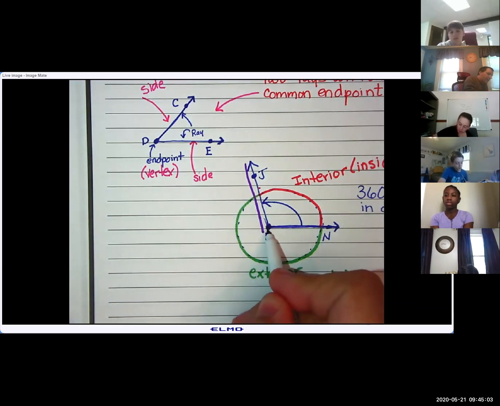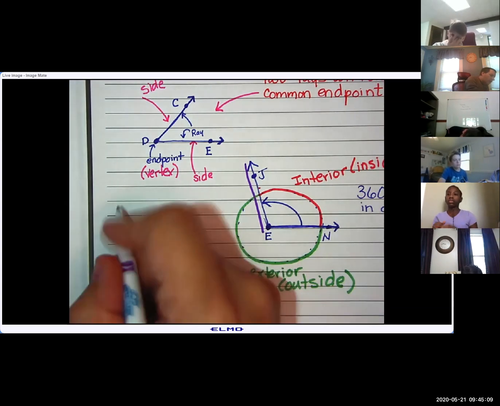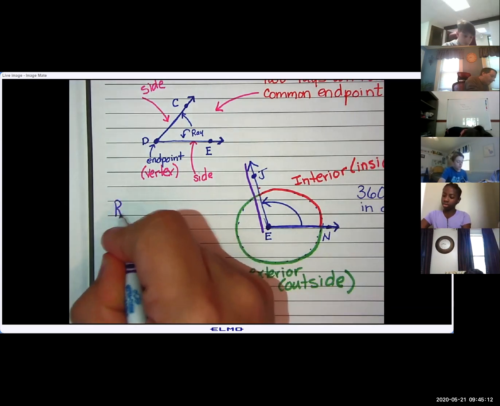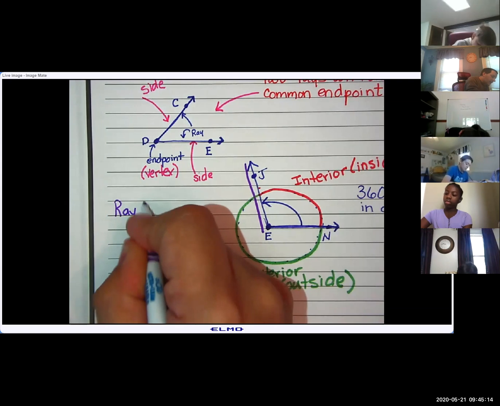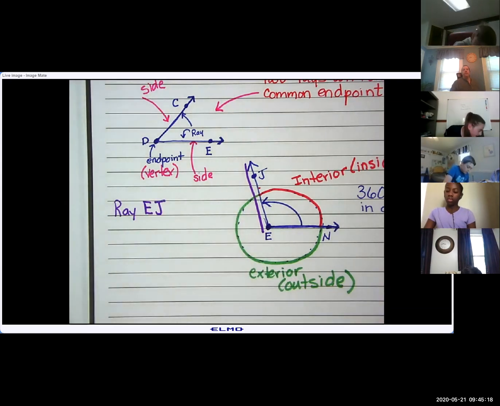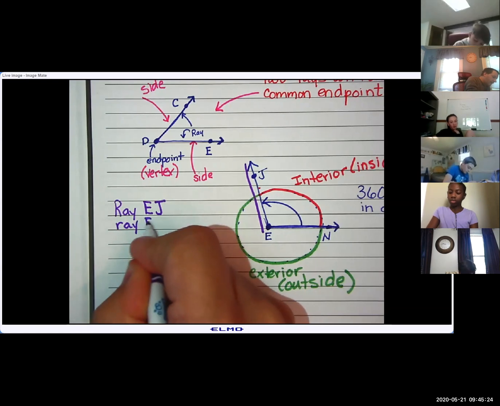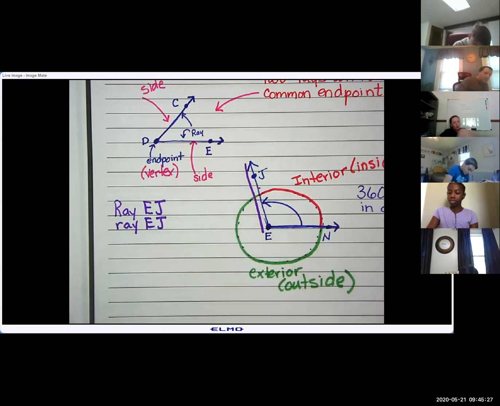This right here is a ray, and it's got E and J on it. So we're going to call that ray EJ. You might also call it ray EJ. You can capitalize it or lowercase it, it doesn't matter.